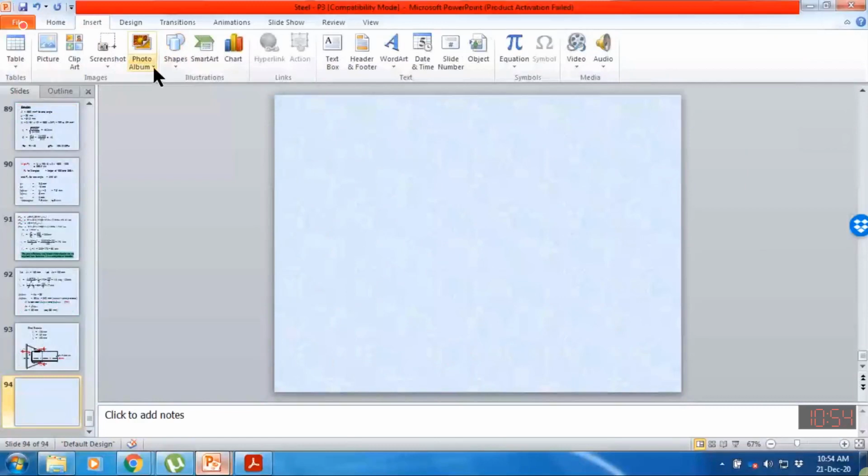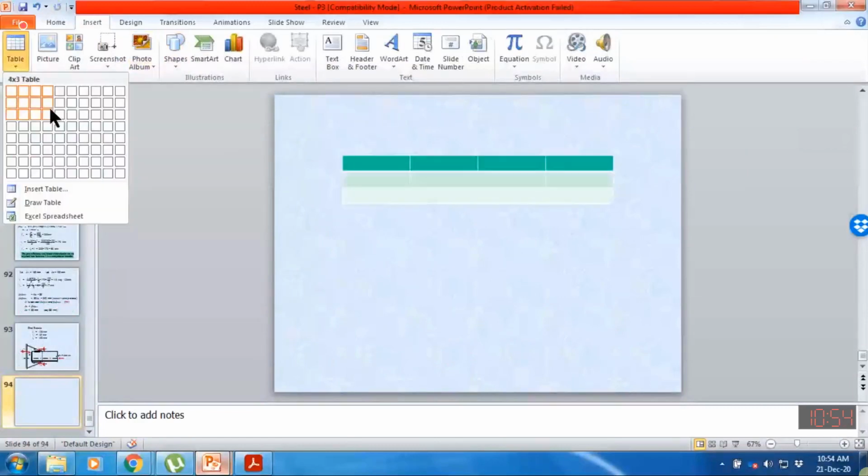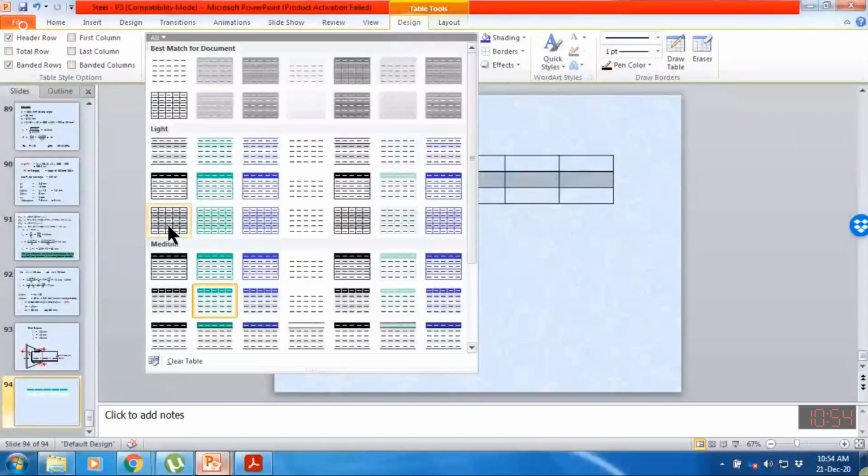Okay, you will make a table, because you need to design the weld for your truss. In the first column, you will write down the member, in the next column the length, and here you will write down the designation.